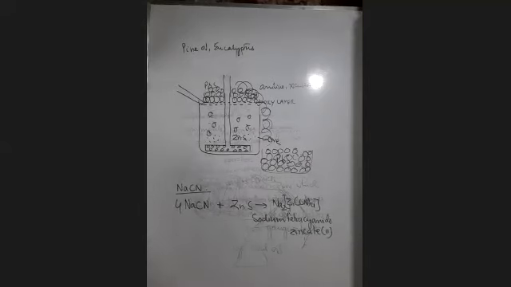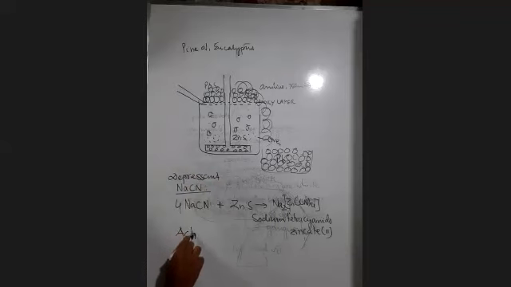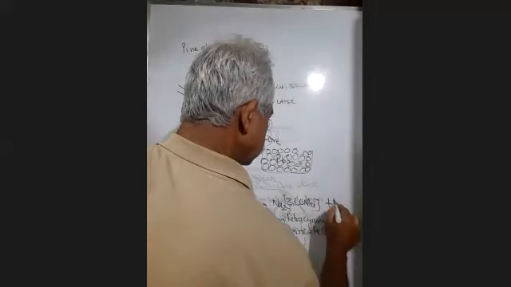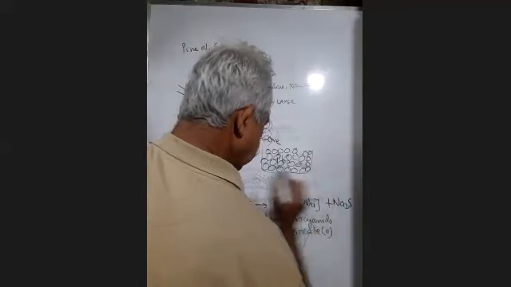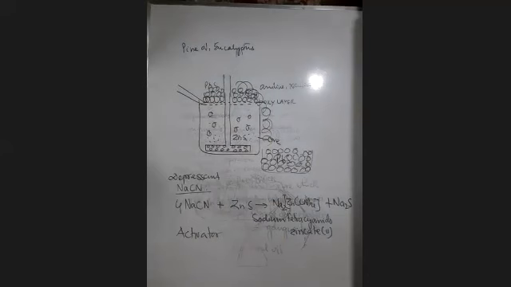So initially we use depression, then we want to get it back. So we use here an activator. In your book, this is mentioned, but this is not being mentioned. Activator. So once everything goes out, to that tank we use copper sulfate. So I'll write now here.